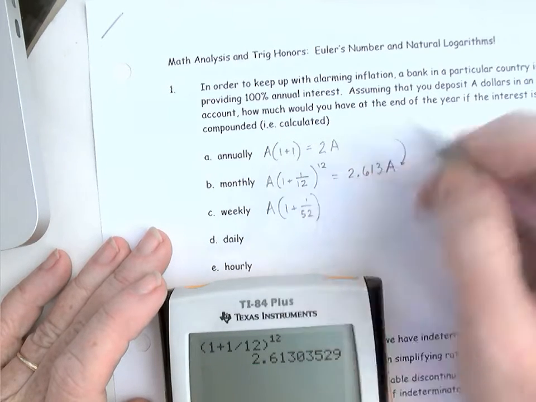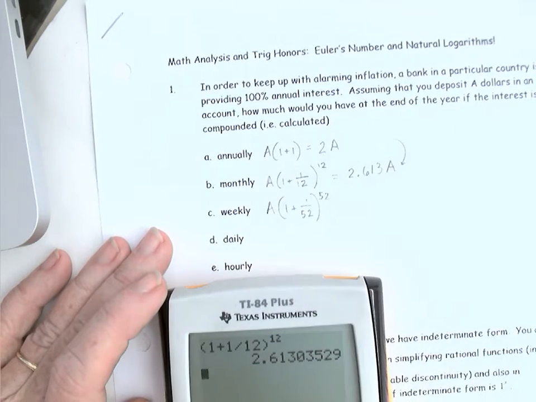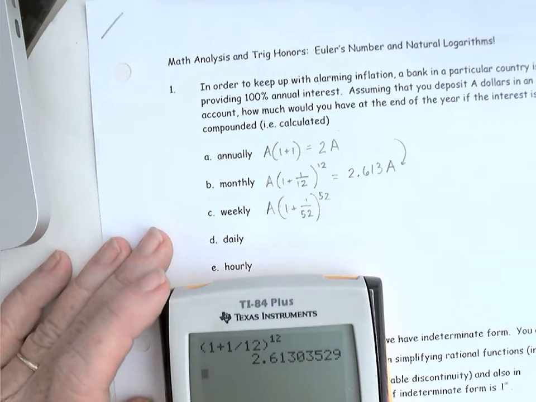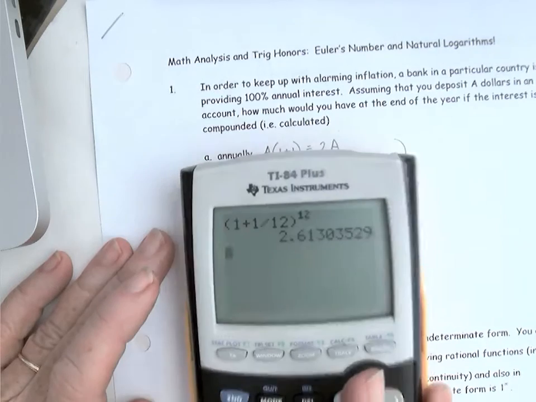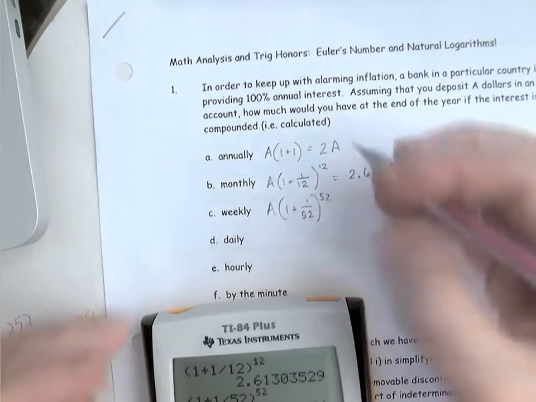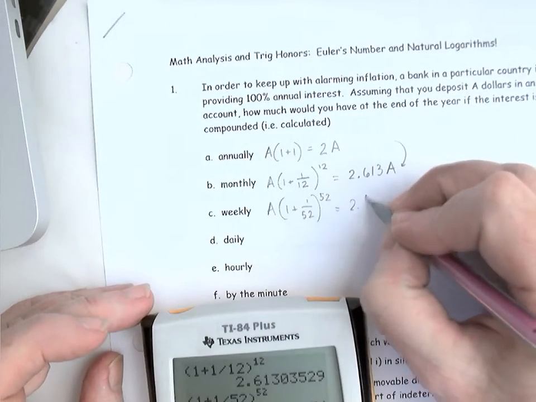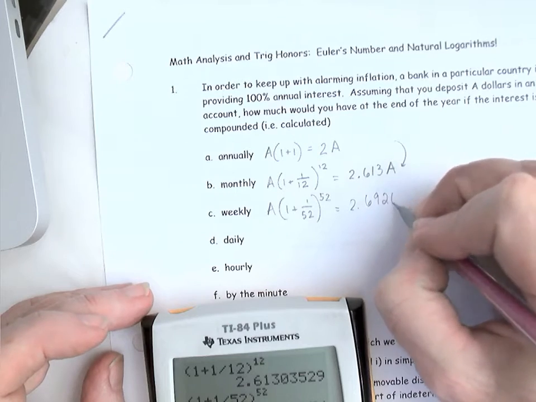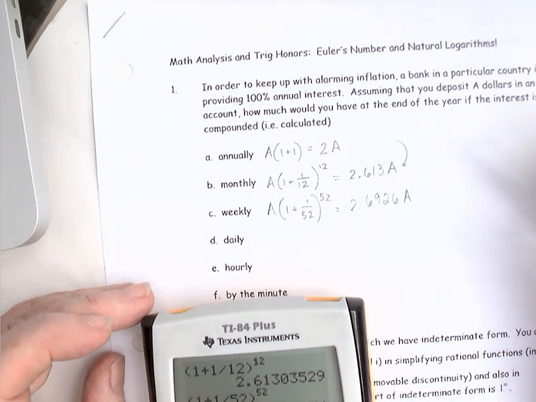Every week we get 1/52 of that 100%, but then we do this 52 times. So 1 plus 1 divided by 52 raised to the 52 power gives me 2.6926A. Not such a big jump.